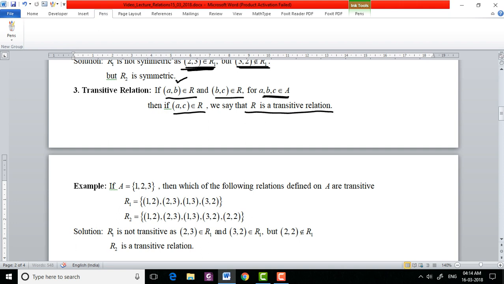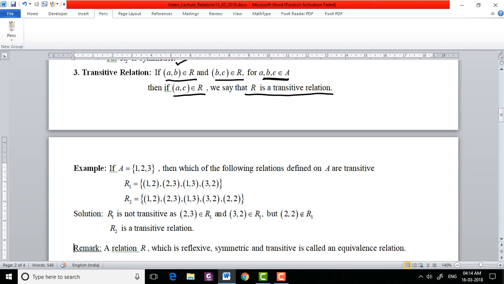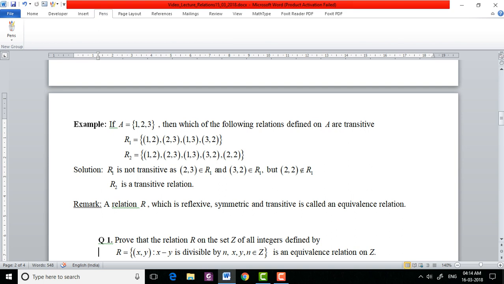Now in this case we are transiting from the element (A, B) and (B, C) to (A, C) through the element B. So if such an element is present, or if our elements define this property, then we say that our relation is a transitive relation. Let us take an example to clarify the basic definition.